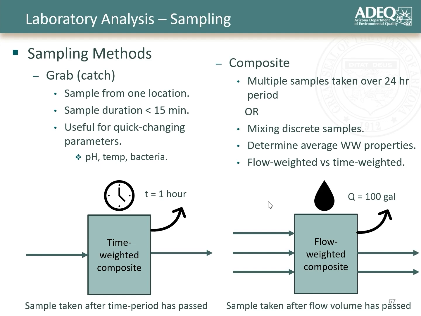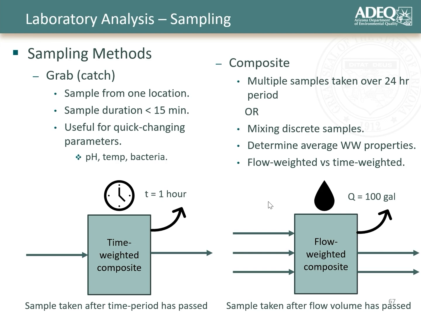Once again, for some tests it's appropriate, but for other tests, mostly for compliance purposes, you need to do what's called composite samples, which are samples that are collected over a 24-hour time period. This can be done by either collecting discrete samples yourself or through automated ways of collecting samples, either through a time weighted sample where you sample every 15 minutes, or flow weighted, where you collect more samples during heavier flow periods and fewer samples during lower flow periods.